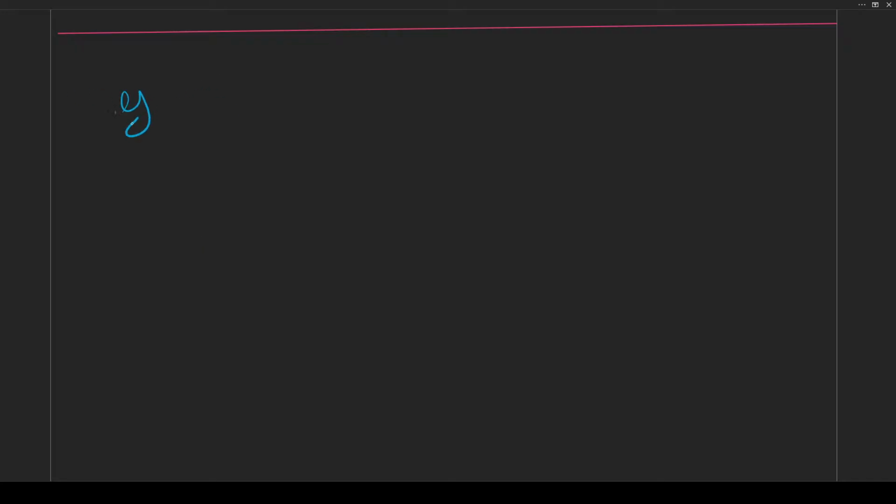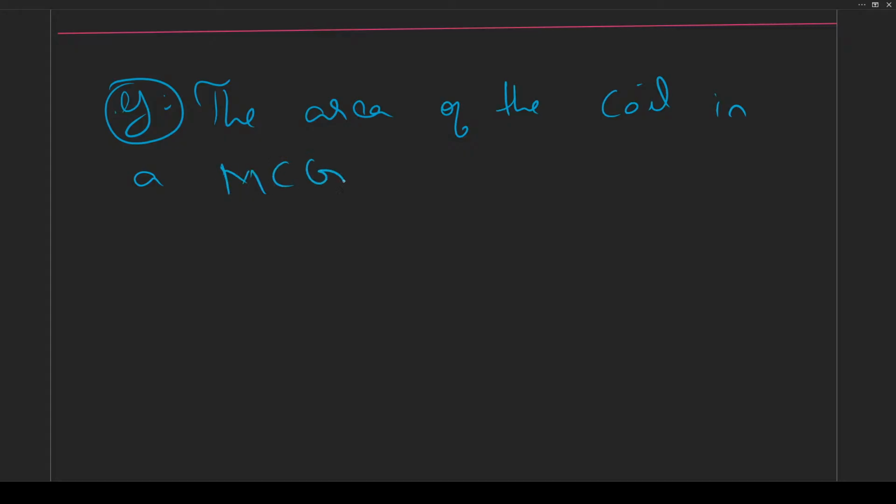Okay, next question. The area of the coil in a moving coil galvanometer, MCG, is 16 centimeter square and it has 20 turns.